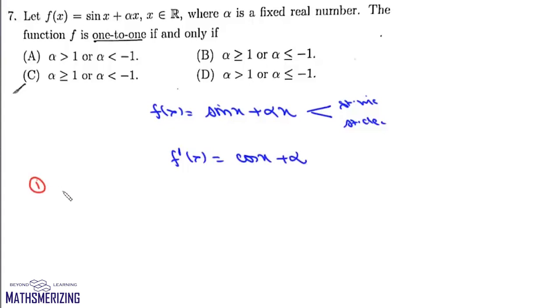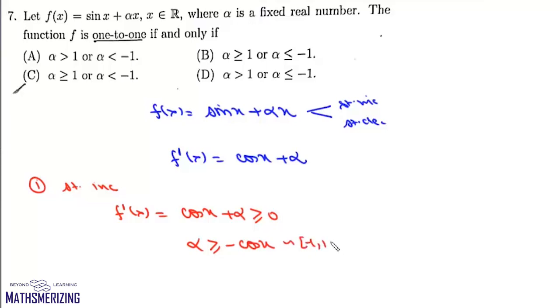Now in the first case, when this function is strictly increasing, f dash x, which is cos x plus alpha, should be greater than or equal to 0. That is, alpha is greater than or equal to minus cos x. Now the value of minus cos x lies between minus 1 to plus 1.